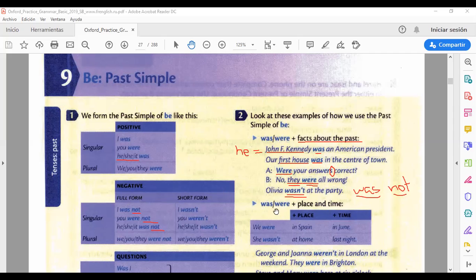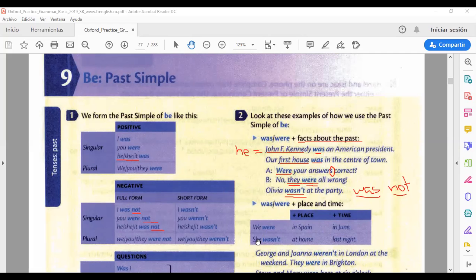We can also use was and were plus place and time. For example, we were, place, in Spain, el lugar, España. El tiempo, in June. We were in Spain in June. Another example using the singular form and negative.